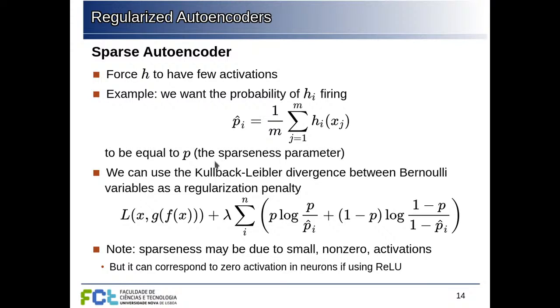And we can do that by using the Kullback-Leibler divergence. We already saw this one. This is basically a measure of how divergent two probability distributions are.